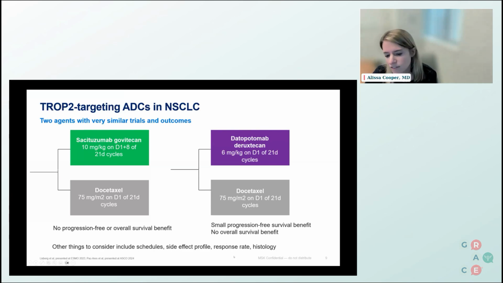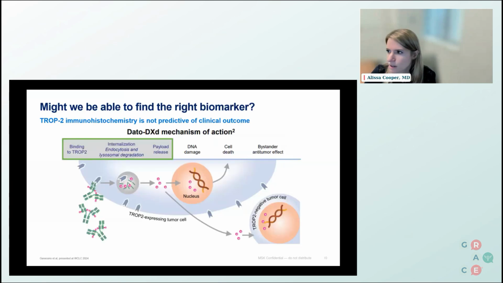These ADCs did have a higher response rate than docetaxel, which is something that may actually come into consideration if people have really symptomatic lesions, like in the chest where it's causing trouble breathing or pain related to lesions. So shrinking can be a good marker there. And then of note, the datopotamab deruxtecan drug did perform better in adenocarcinomas, not so well in squamous. So that might be something that we would also take into account.